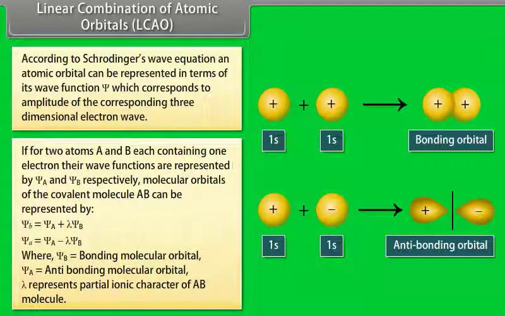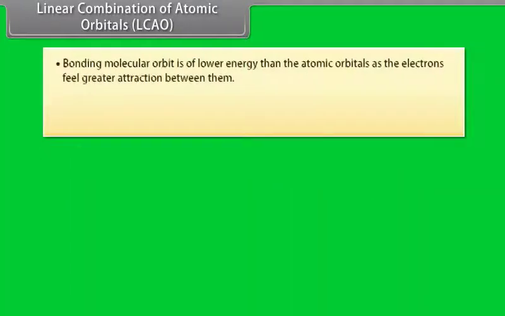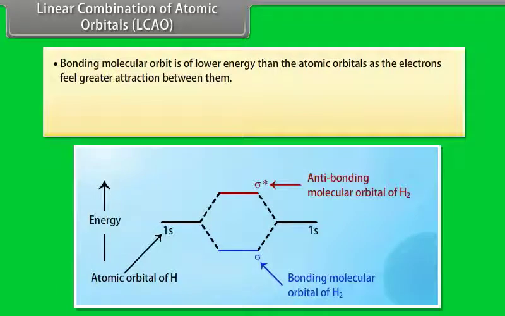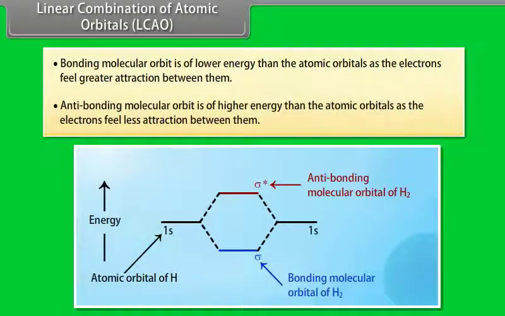Lambda represents partial ionic character of the AB molecule. Bonding molecular orbital is of lower energy than the atomic orbitals as the electrons feel greater attraction between them. Anti-bonding molecular orbital is of higher energy than the atomic orbitals as the electrons feel less attraction between them.